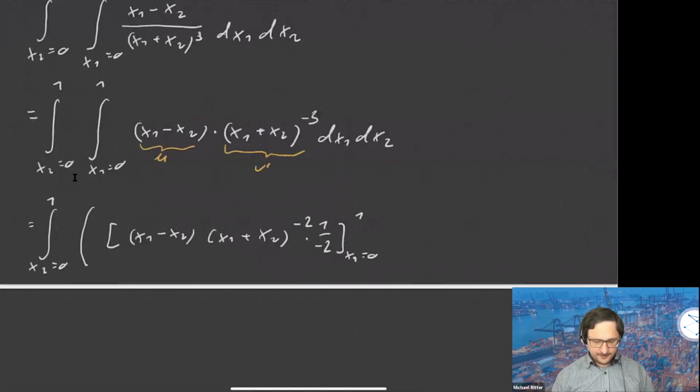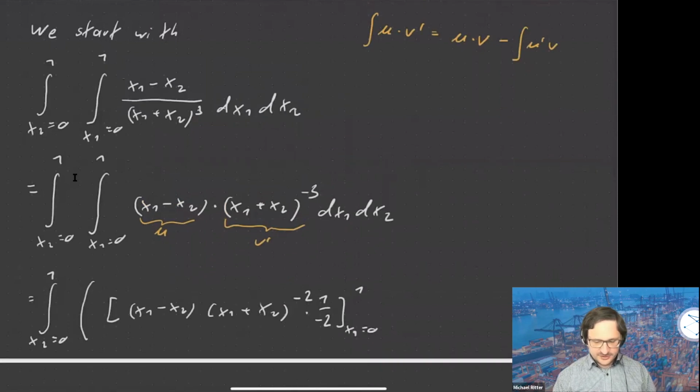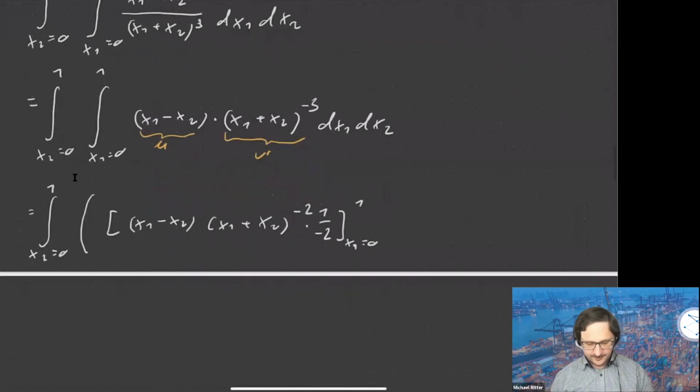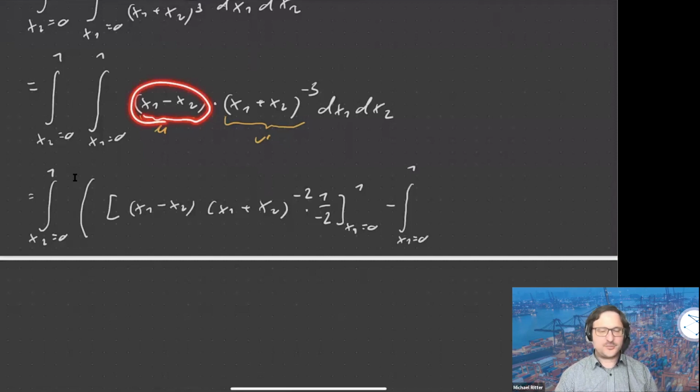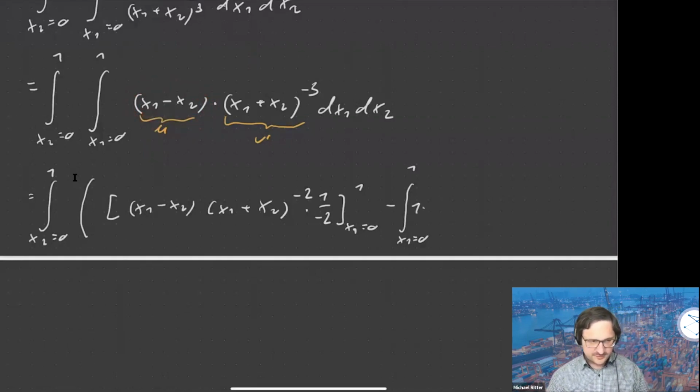And then we need to subtract the integral over u prime v. So minus the integral for x1 from 0 to 1 over u prime v, u prime. So if you differentiate this with respect to x1, that's just 1. And we know v already.